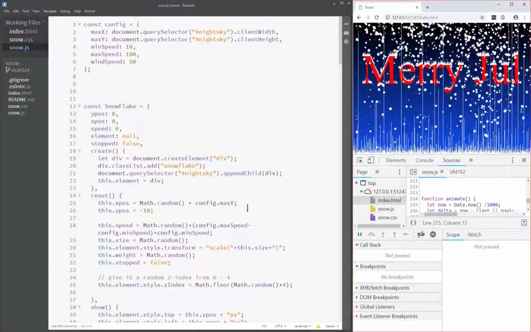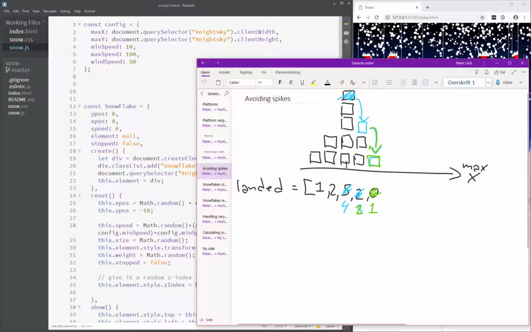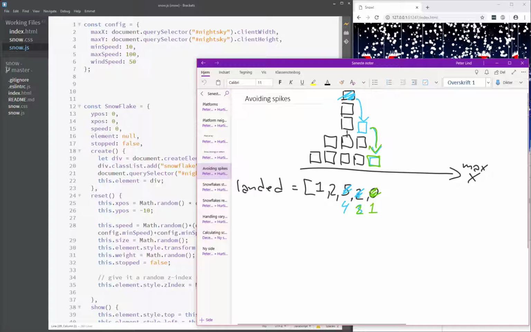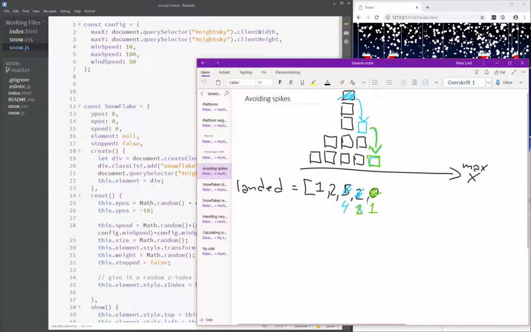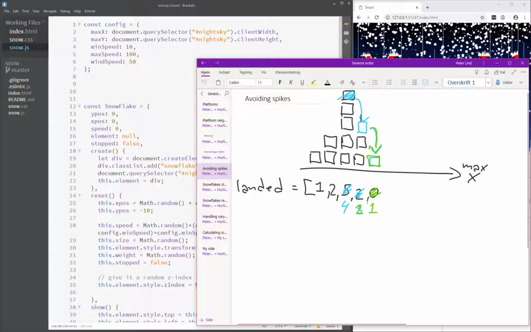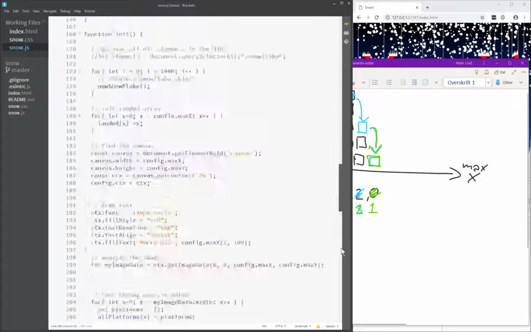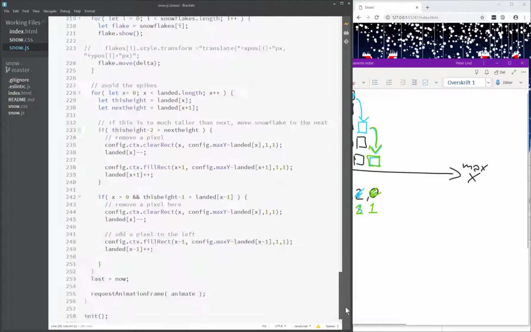The last time I worked with the spikes, I did it like this. I was looking at the array of landed snowflakes, and if one X position was too much taller than the next, then it moved a snowflake. And the code for that was way down here in Animate.